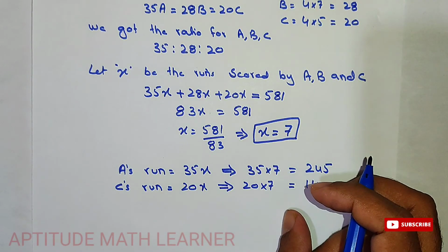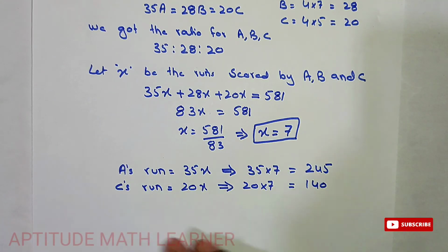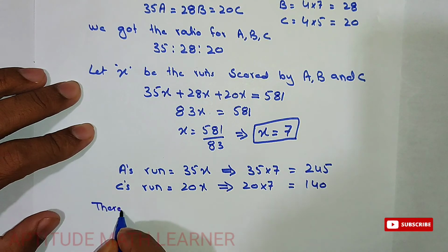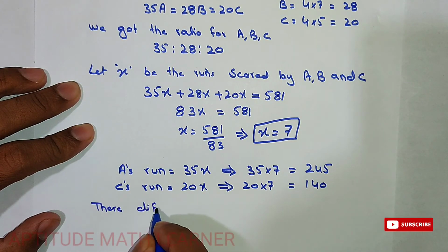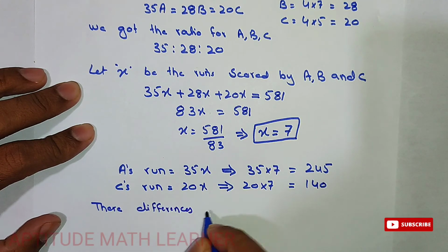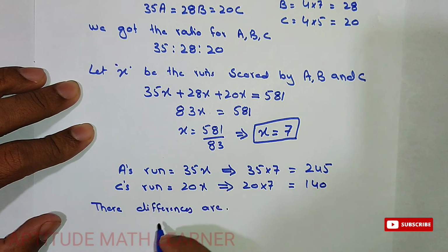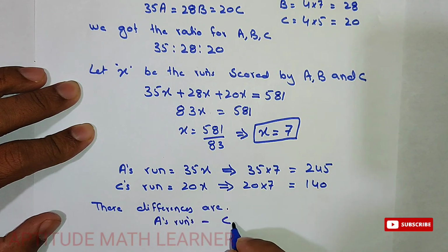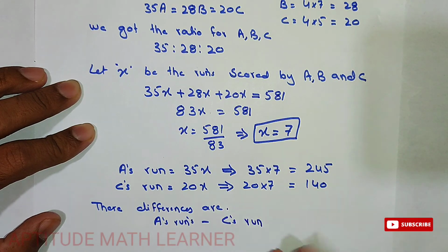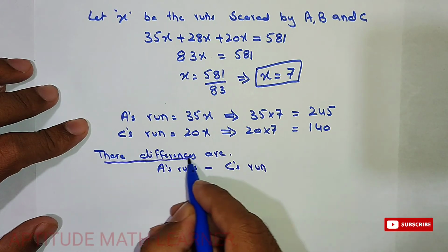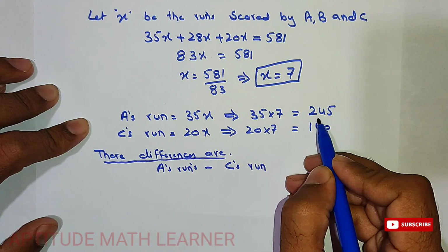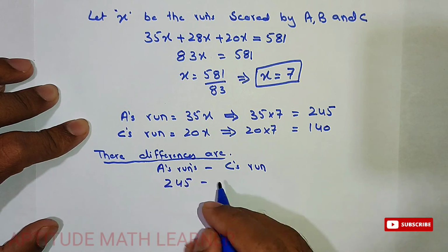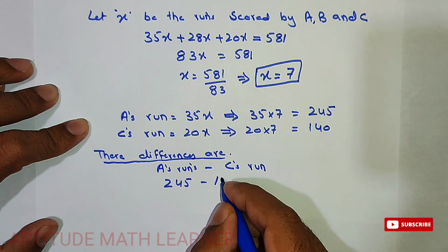Now we have to find the difference between A's and C's score. So the difference is A's runs minus C's runs. We found A's runs, that is 245, minus C's, 140.